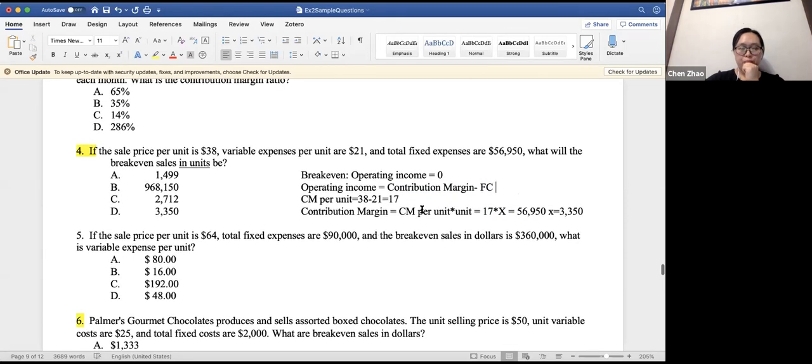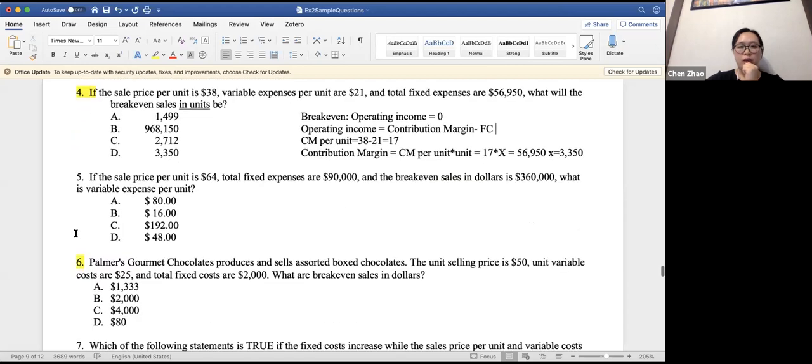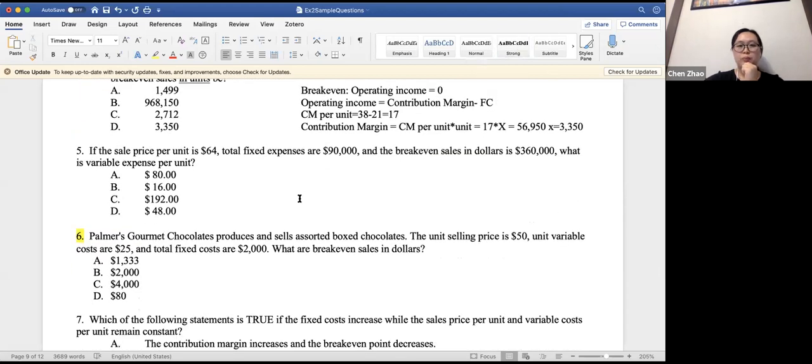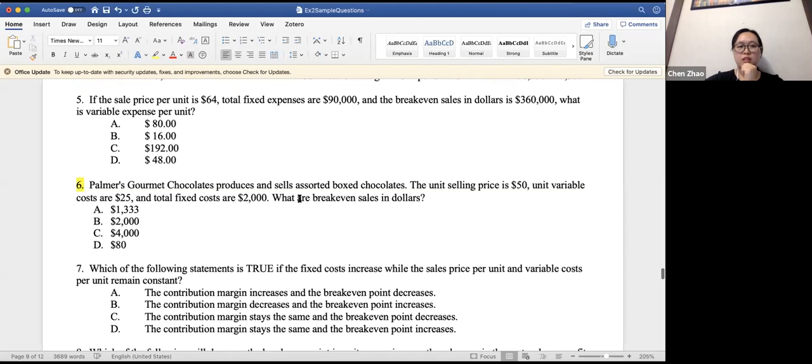Now let's look at 5, okay? Just to play around with the break-even function, okay?